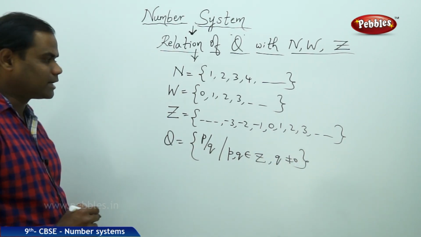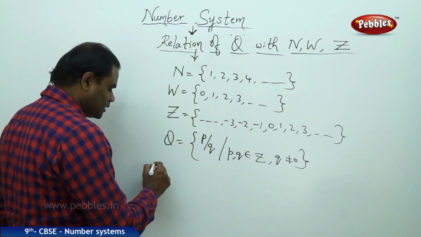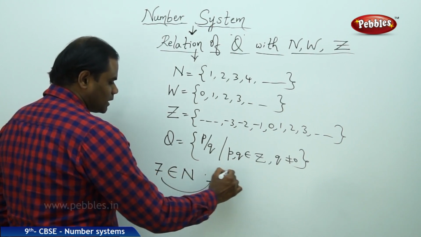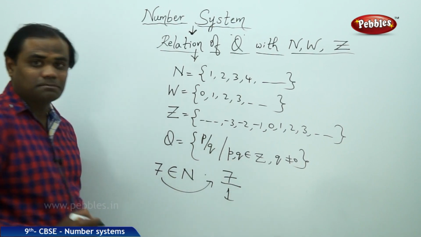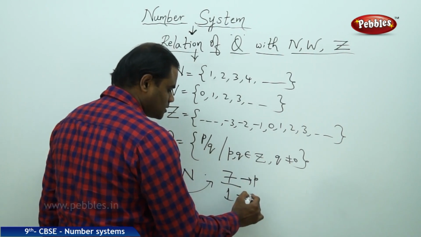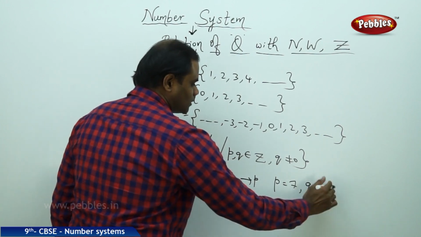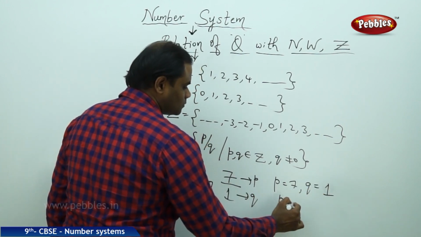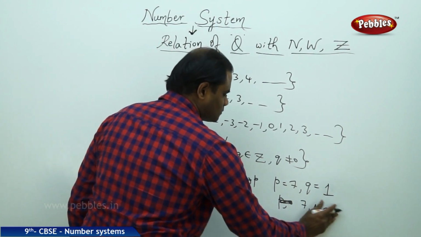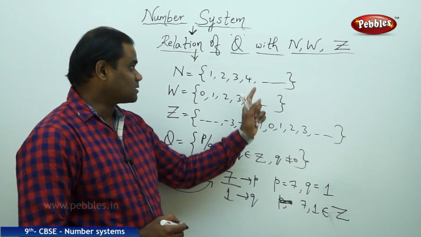So clearly I understand that every natural number is a rational number, because if I take a number 7, which is a natural number, I can equally write this 7 as 7 over 1, which passes through the two tests. That is, this being P and this being Q, my P is 7 and Q is 1, and both 7 and 1 belong to Z, the set of integers, and therefore it passes the test number 1.